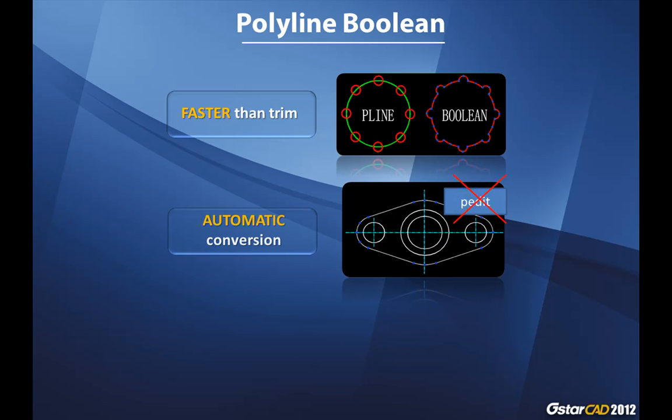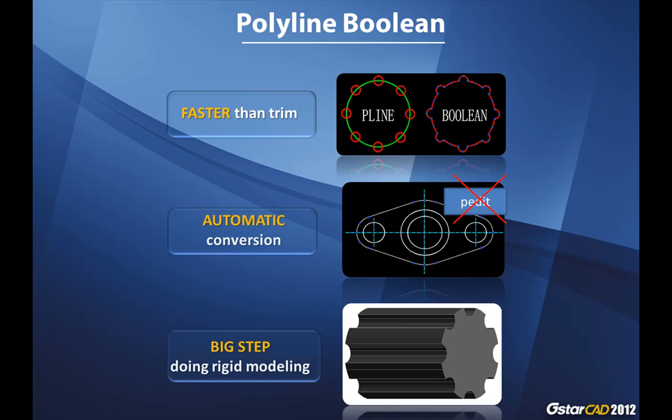Automatic conversion: yes, you don't need to use the pedit command to join the individual entities into a polyline. Finally, it is a big step for solid modeling, because it's already converted to a polyline, and then it's easy for you to perform modeling. So polyline boolean is a new plugin incorporated in GstarCAD 2012.